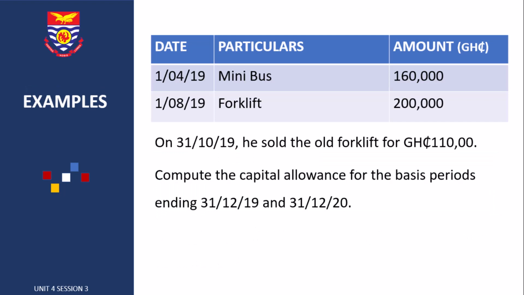We have minibus 160,000, forklift 200,000. On 31st October 2019, he sold the old forklift for 110,000. Compute the capital allowance for the basis period ending 31st December 2019 and 31st December 2020.